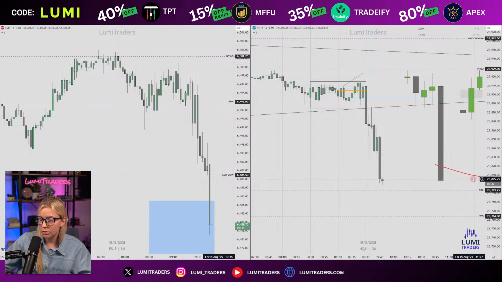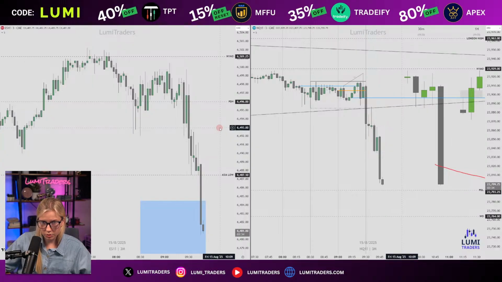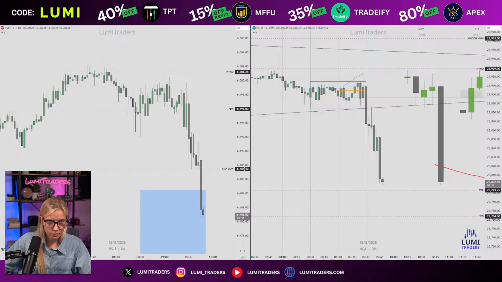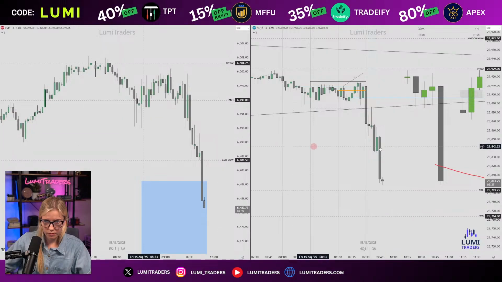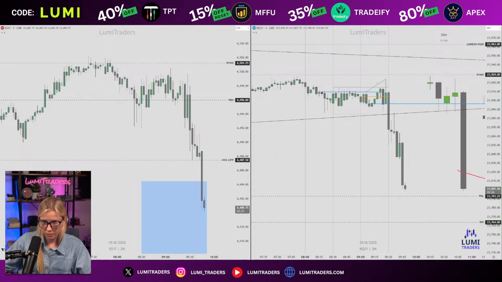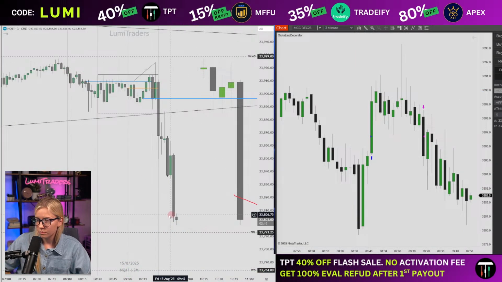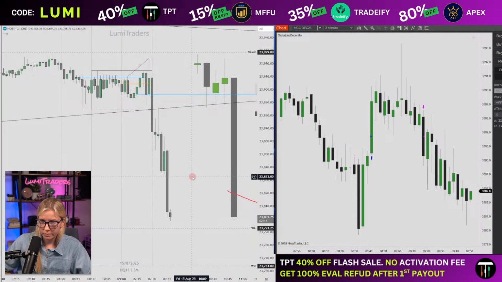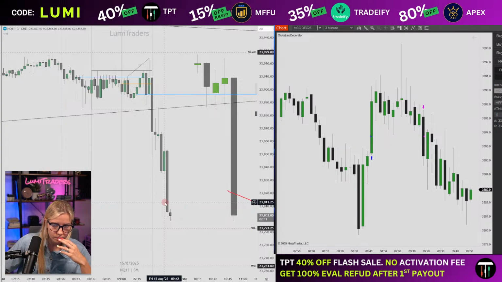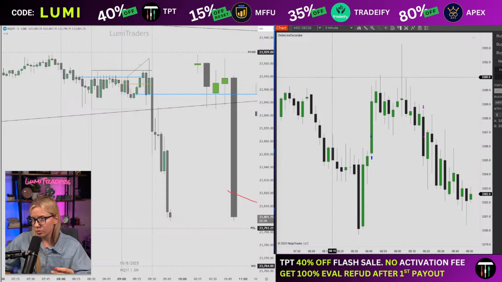I would like to see slightly lower first, so I don't want to long just yet on NQ or ES. It's not the spot yet to enter the trade. It's only break even so far.